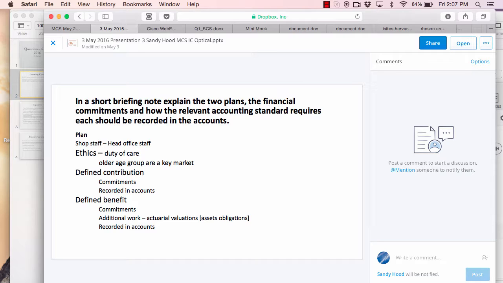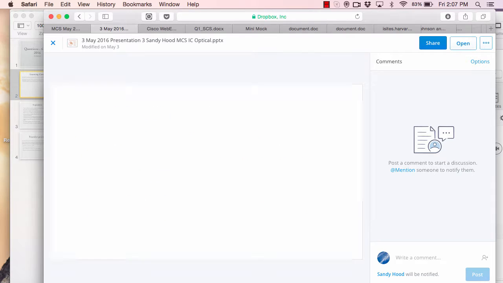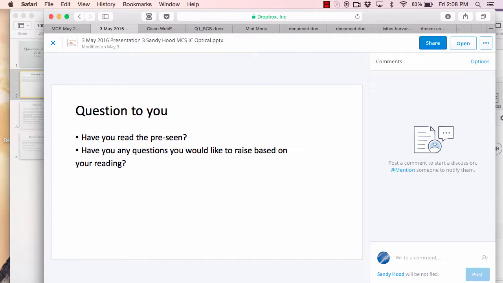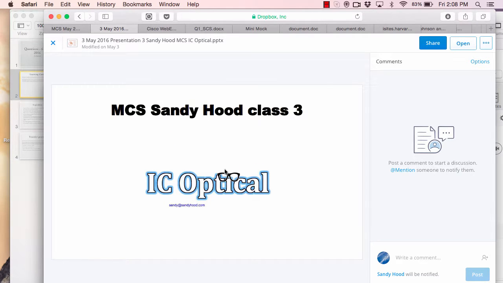Right. So, can anyone give me a brief explanation about this particular IAS 19, employment and post-employment benefits, right? Anybody who can tell me about it?